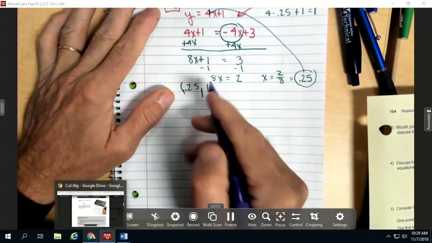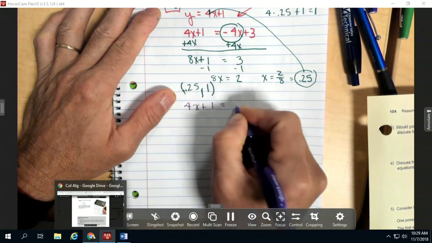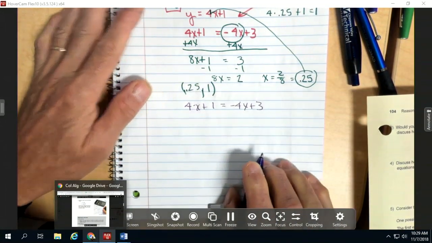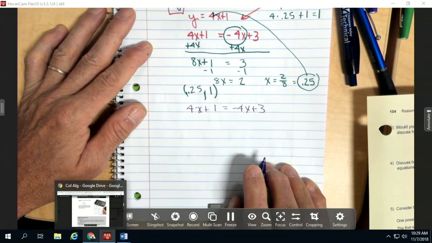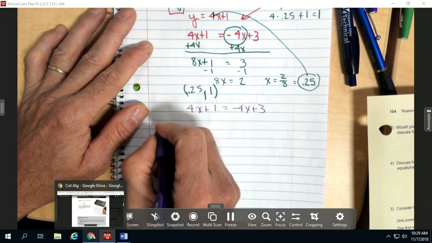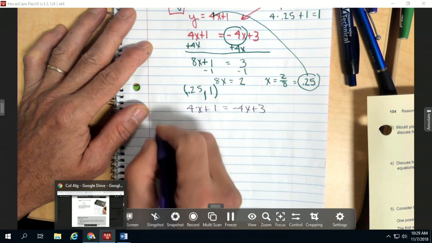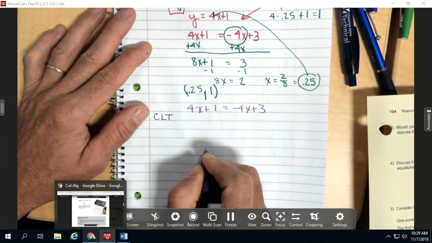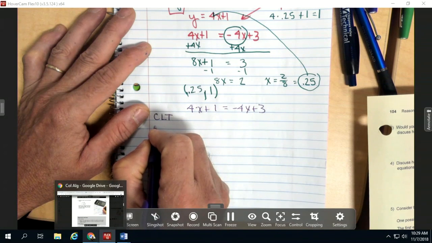How do I know when I have an equation 4x plus 1 equals negative 4x plus 3, how do I know to add and subtract rather than multiply and divide? The rule is to combine the like terms before you divide.